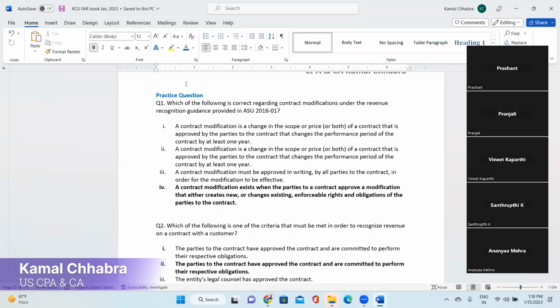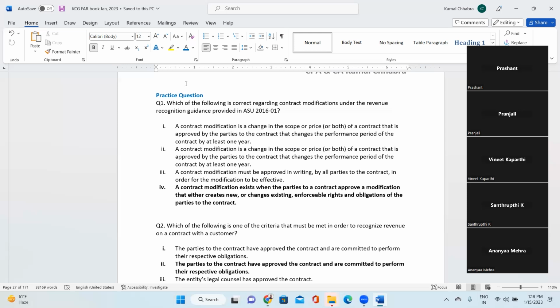But if I go again and say I want additional cheese, basically we are not giving it in writing or so. I think it is nowhere mentioned that a change in contract should be in writing. Yeah, absolutely true. So it can be verbal communication as well, right?